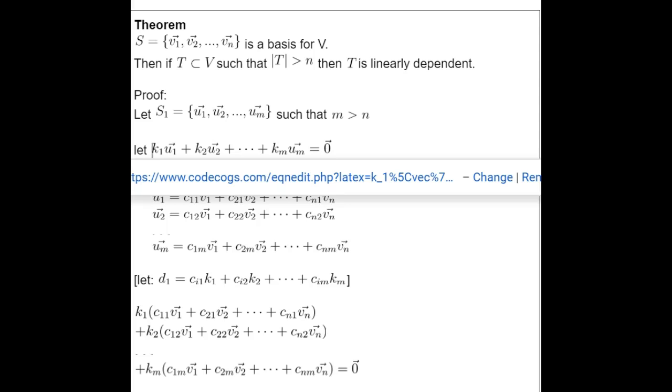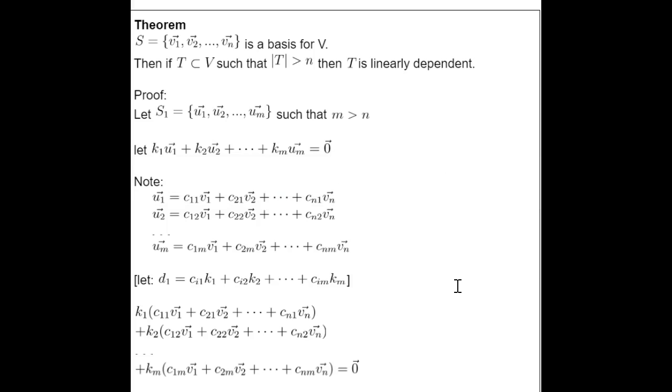Okay, so there we go. So we've now made the 0 vector a linear combination of the things that are in S1. Okay, all m of them, and there's more than n. Okay, so here's the thing.